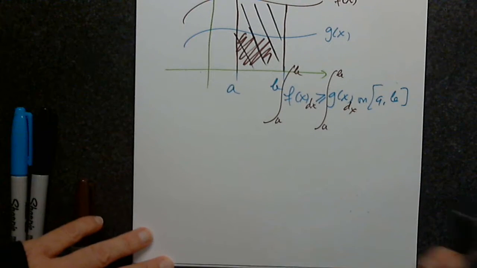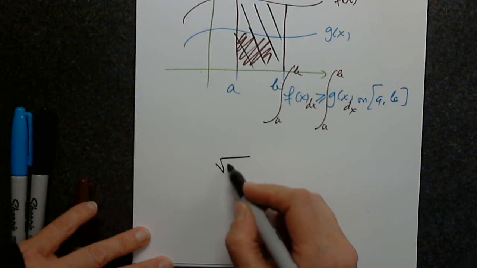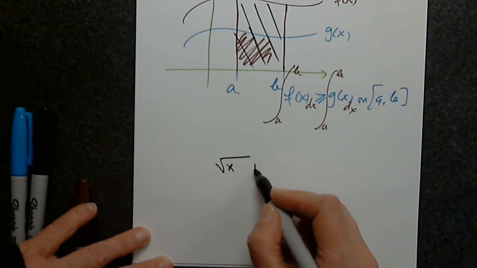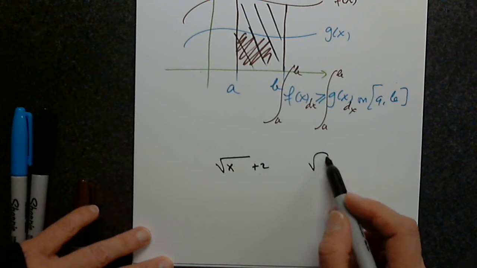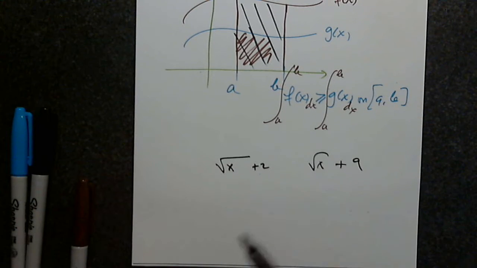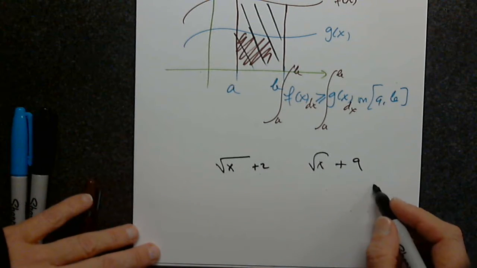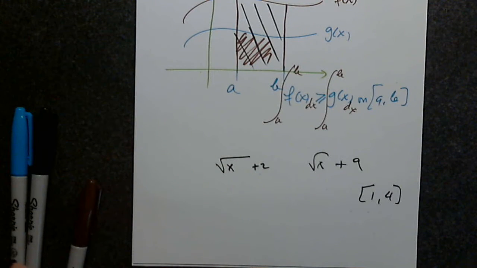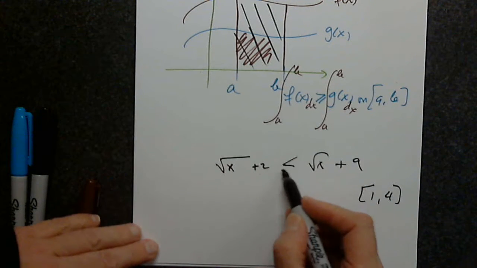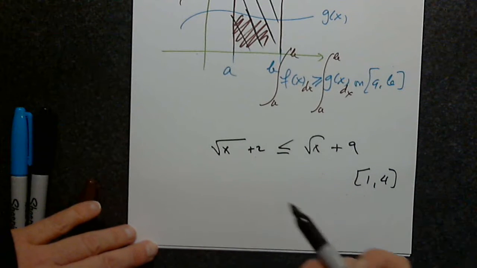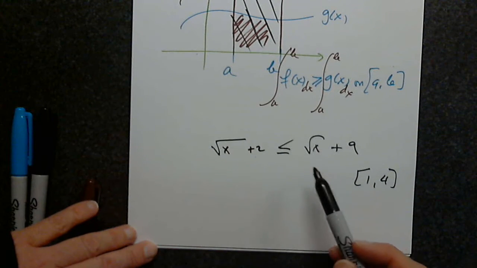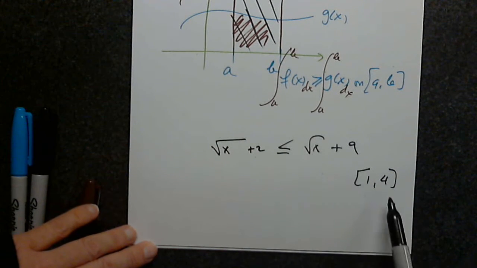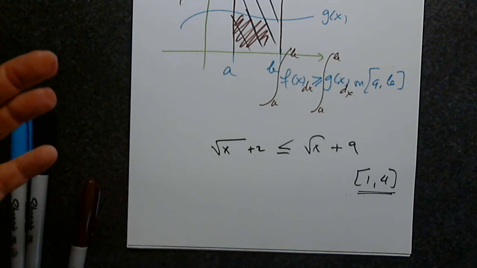So for example, let's say the square root of x plus 2 and the square root of x plus 9. Which one is definitely larger, let's say on the interval 1 comma 4? Right, so this one is bigger. So would you agree with this? Is the square root of x plus 2 less than or equal to the square root of x plus 9 on the interval 1 comma 4?